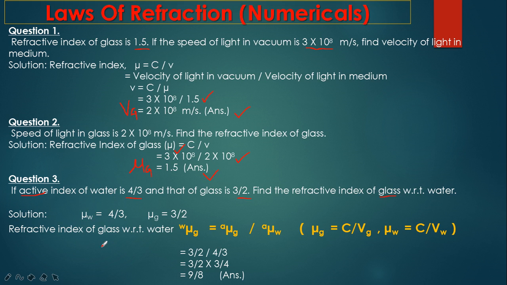So refractive index of glass with respect to water will be the absolute refractive index of glass divided by the absolute refractive index of water. So that comes to 3 by 2 divided by 4 by 3, and by solving this we come to the answer, that is the relative refractive index of glass with respect to water comes to 9 by 8. So this is the answer.